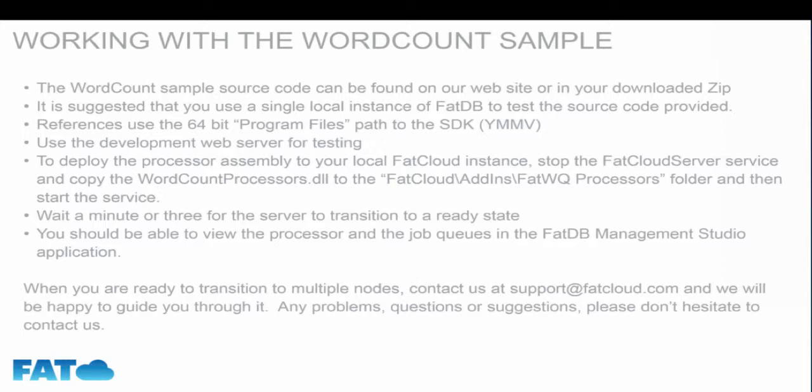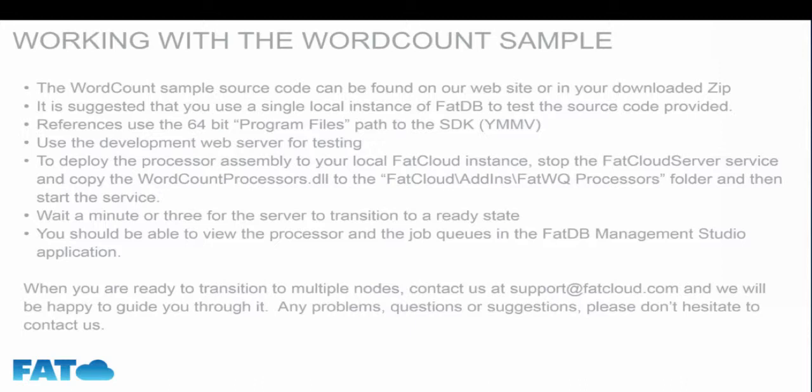Basically, you'll have to either edit it manually or re-add those references. You can find everything that you need in the SDK folder of your FatCloud install folder. But it's relatively easy to do it both ways.